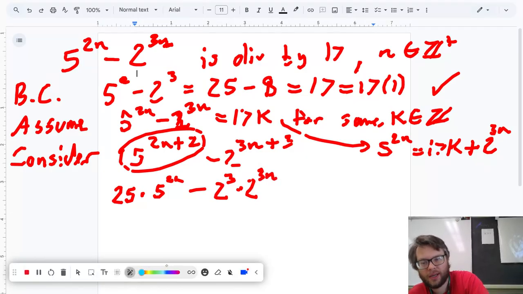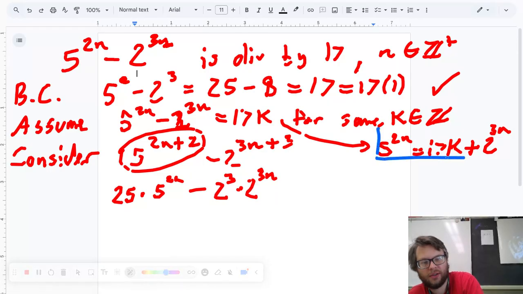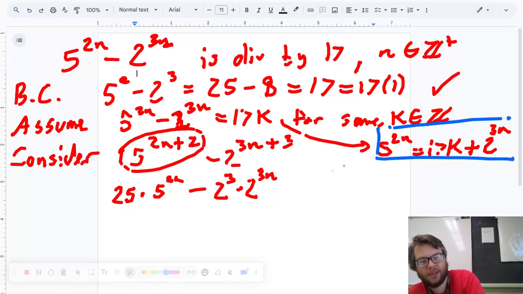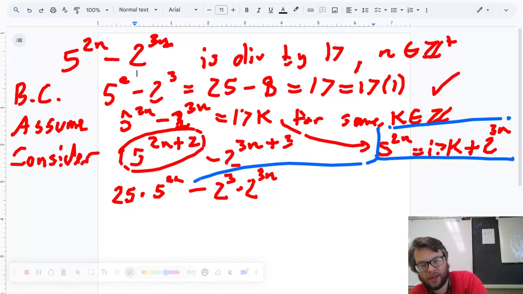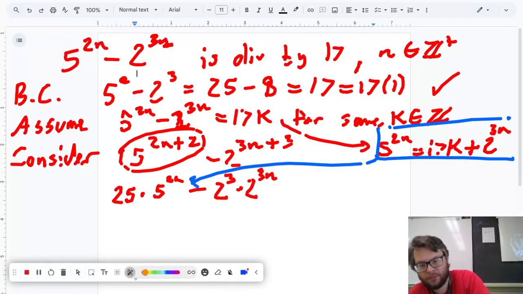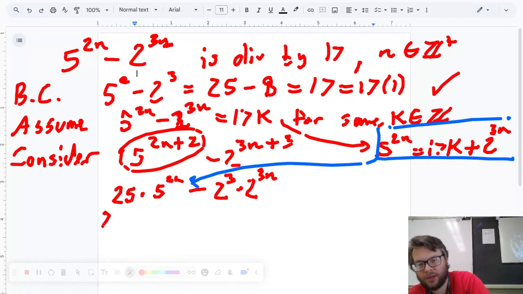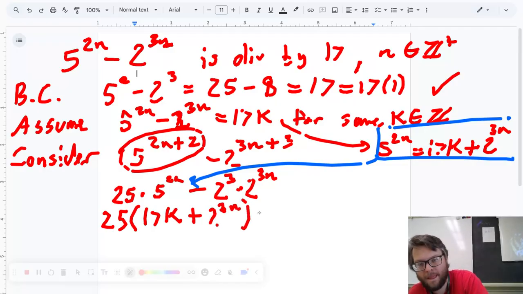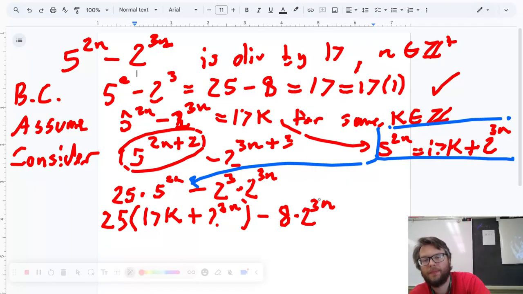Then I'm going to use my induction hypothesis. You've always got to use your induction hypothesis. This is going to go right there for 5 to the 2n. So I have 25 times 17k plus 2 to the 3n. Over here, I've got minus 8 times 2 to the 3n. Maybe you can see what's going to happen next.